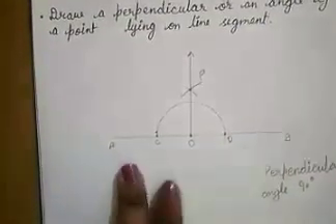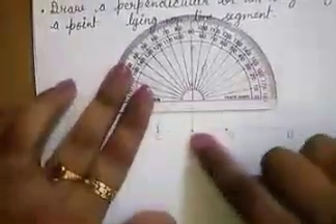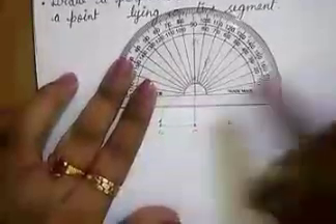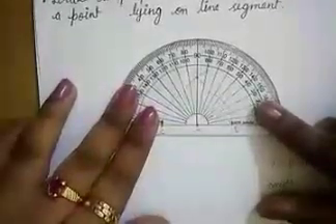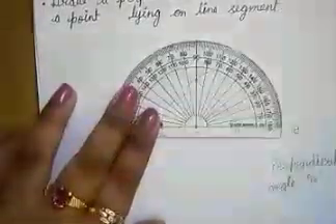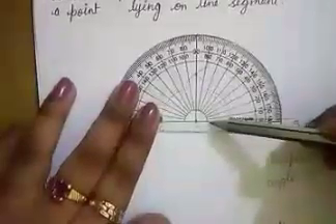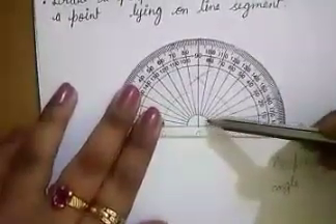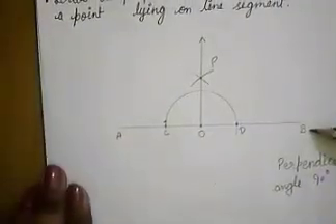So for verifying this, what we will do, we will take the protractor and we will check the angle which is made on point O. So I am placing my protractor and I am seeing that this is the angle of 90 degree. I hope you all can see. So this is the angle of 90 degree, which shows that this is perpendicular to AB.